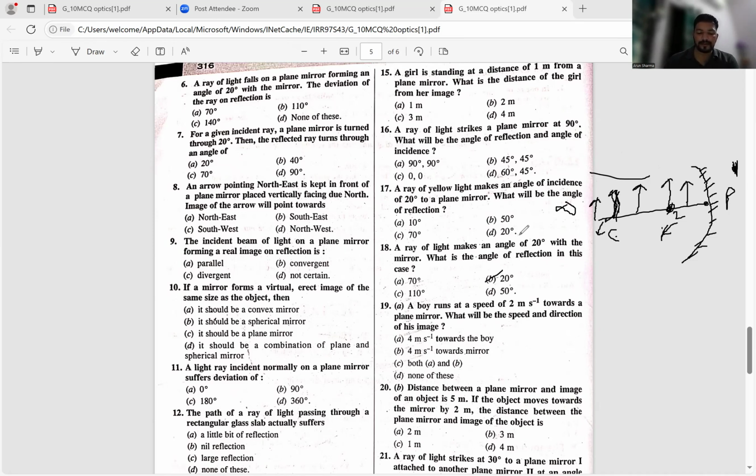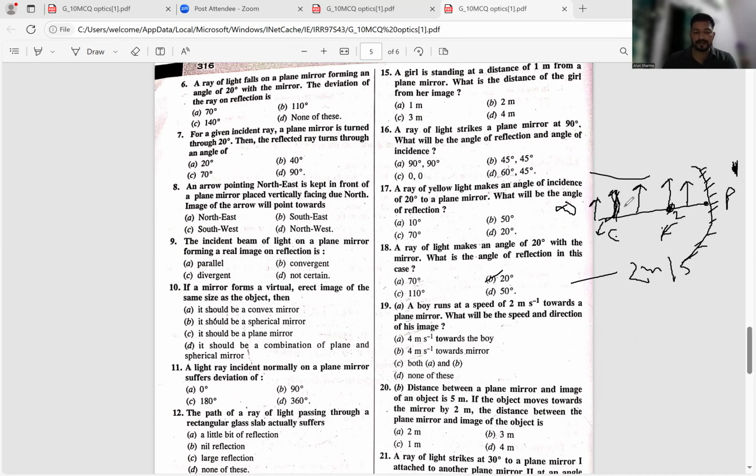The boy moves toward the mirror at a speed of 2 meter per second. And then how to calculate the distance? The boy is moving toward the mirror, and the image is also moving towards the mirror from behind it.